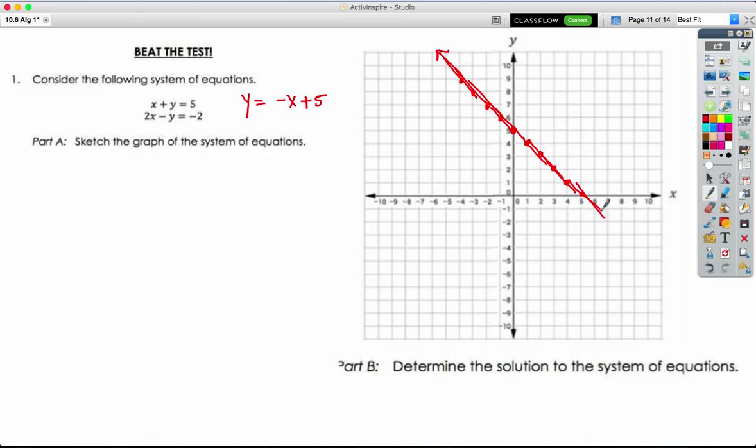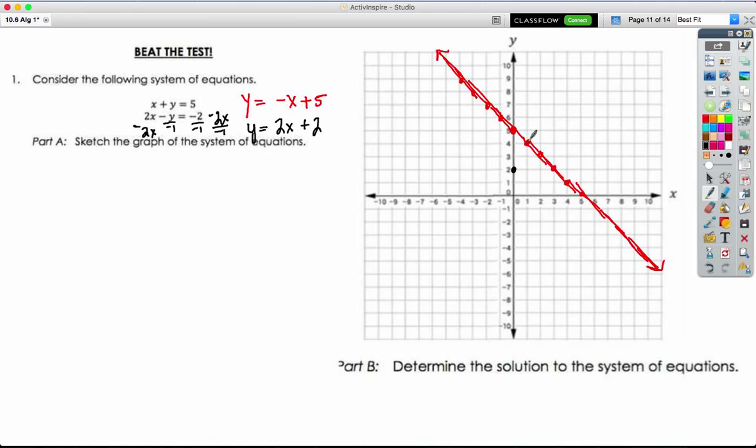And then when I solve the other equation for y, we would first minus 2x. But we would have to come back and divide everything by -1 because it says negative y. So that comes out to be y equals a positive 2x plus 2. So starting at a positive 2, and if my slope is 2, I got to remember it's over a positive understood 1.